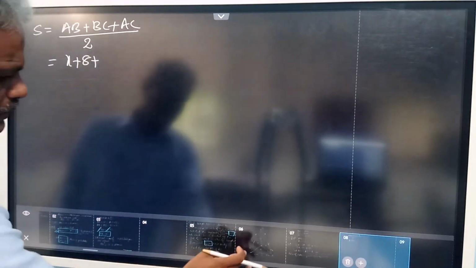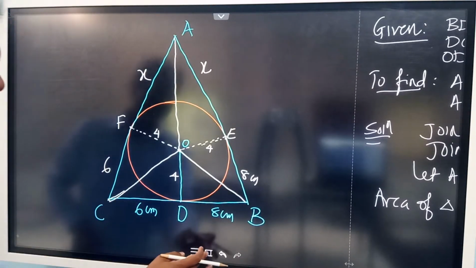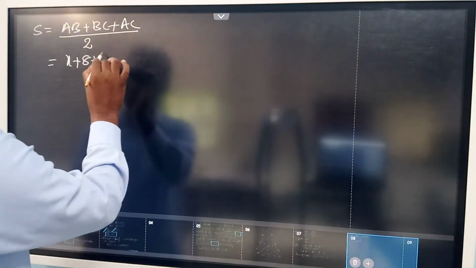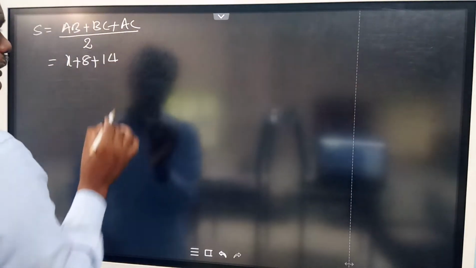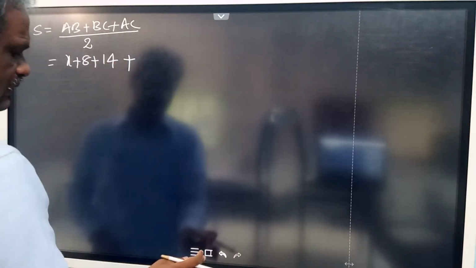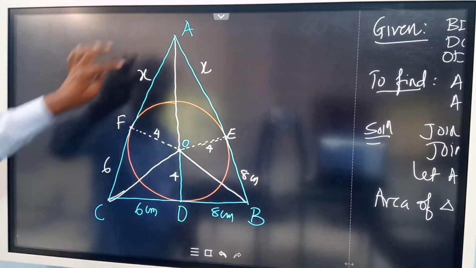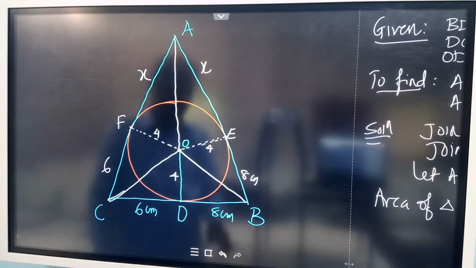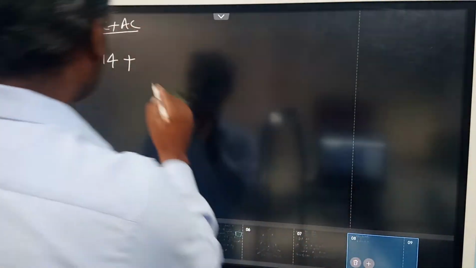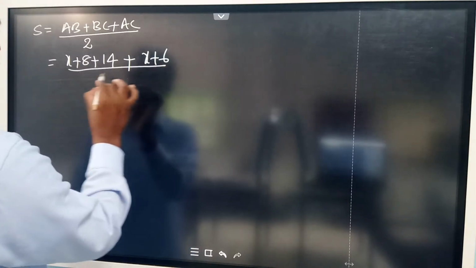Look at the diagram, BC here is 8 plus 6, it is 14, so you can write 14. Plus AC. Look at the diagram, AC here is x plus 6, so you can write in place of AC, x plus 6, all divided by 2.